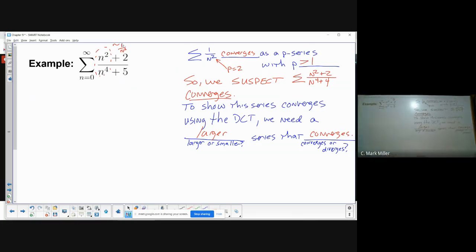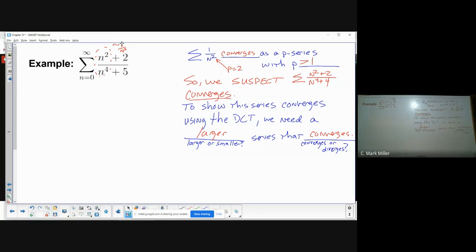So we need something that is slightly bigger. So to make something bigger, I can make the denominator smaller, right? Make the denominator smaller. That makes the series bigger, right? Or I can make the numerator bigger. So numerator bigger or denominator smaller.